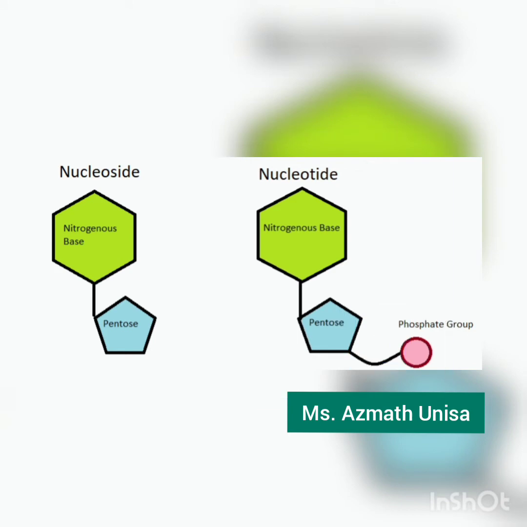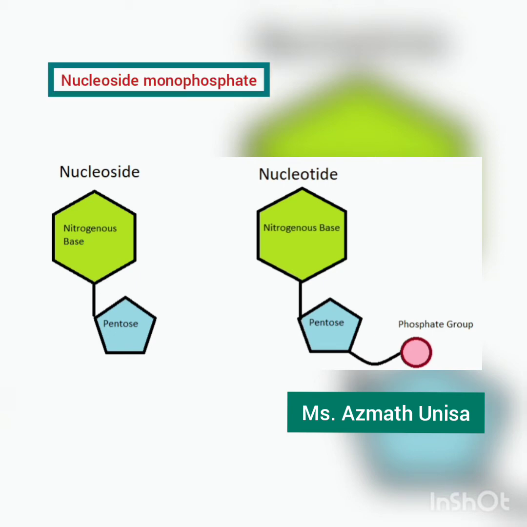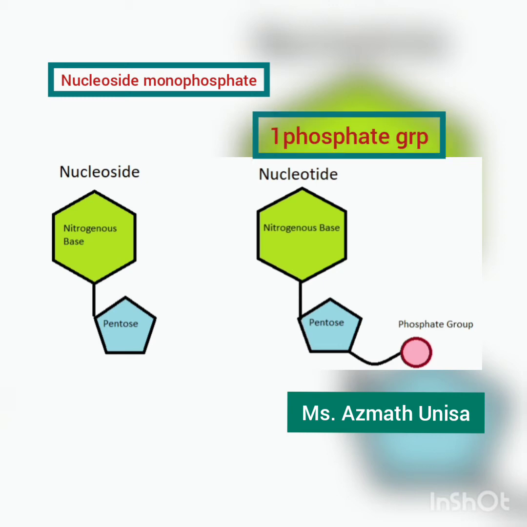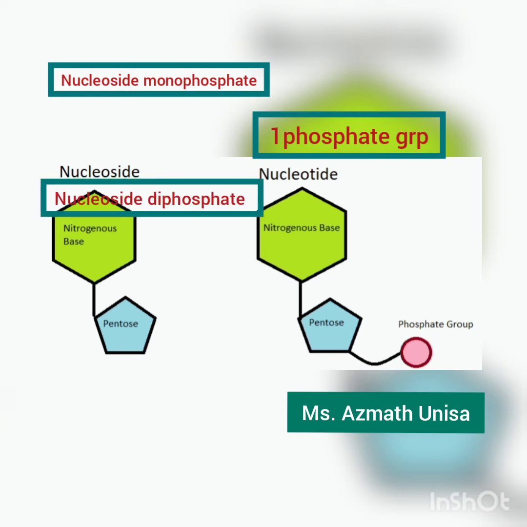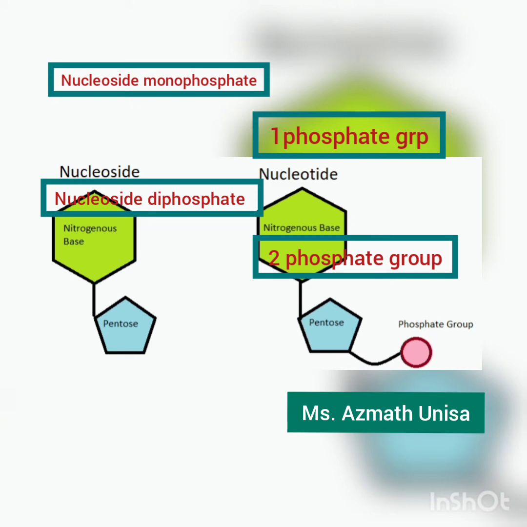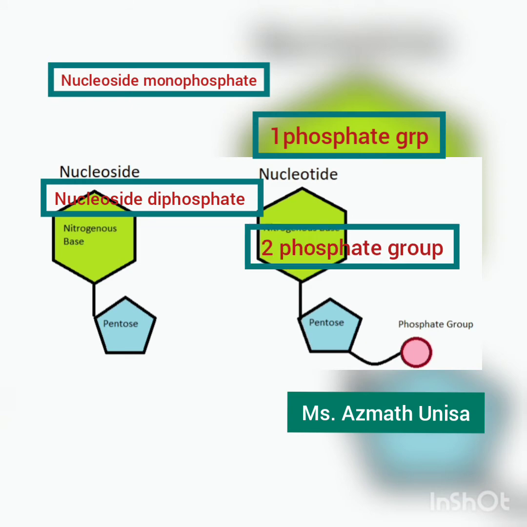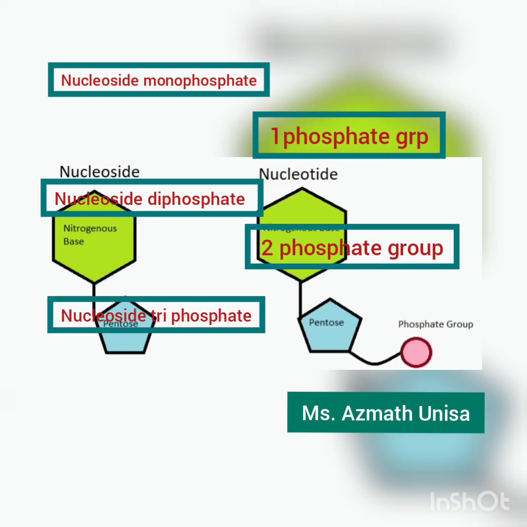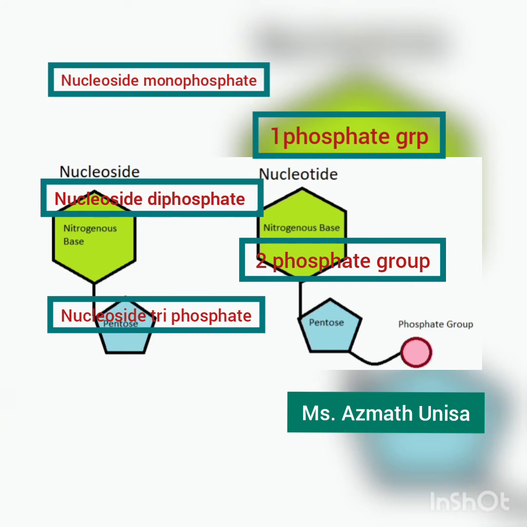A nucleotide can also be called a nucleoside monophosphate if it has only one phosphate group, a nucleoside diphosphate with two phosphate groups, or a nucleoside triphosphate with three phosphate groups.